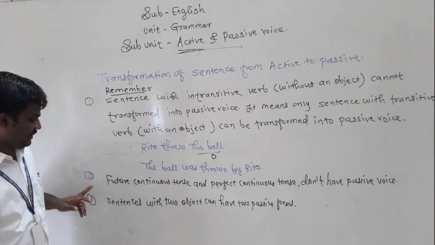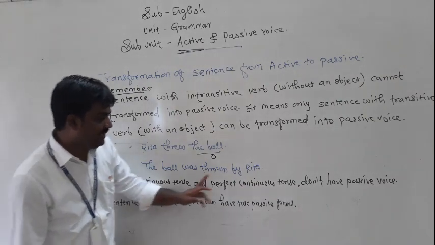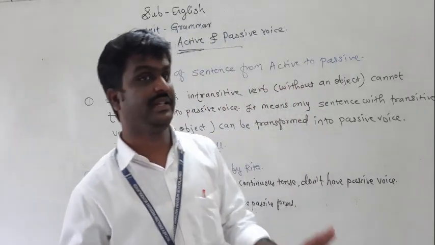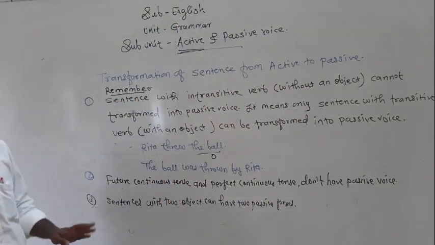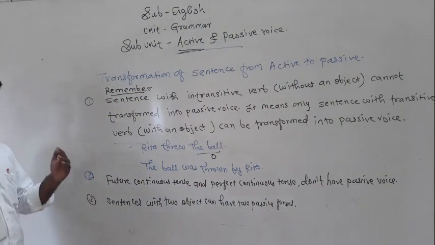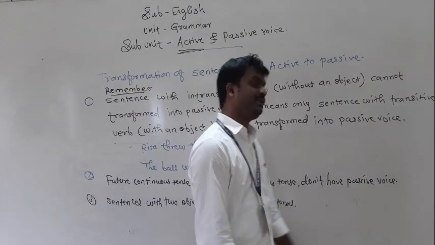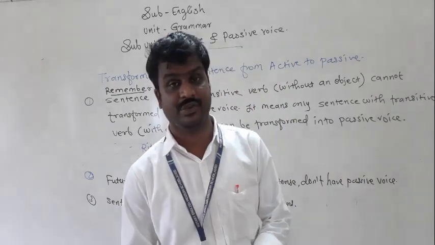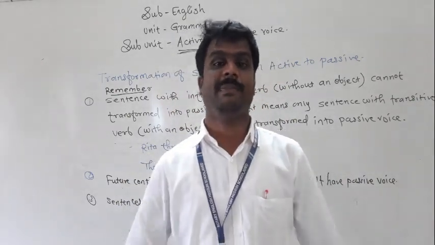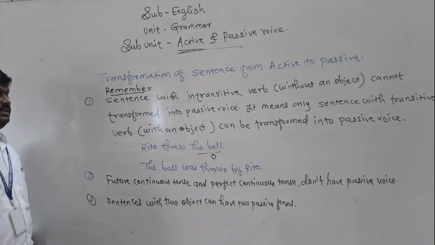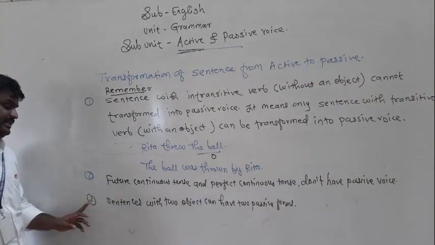Okay, next statement. Future continuous tense and perfect continuous tense don't have passive voice. Already we have discussed what is meant by tenses and the different types of tenses, all parts we have discussed. So future continuous tense and perfect continuous tense don't have passive voice. It means we cannot do the passive voice of future continuous tense and perfect continuous tense.